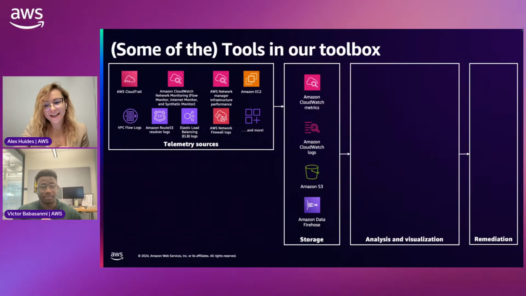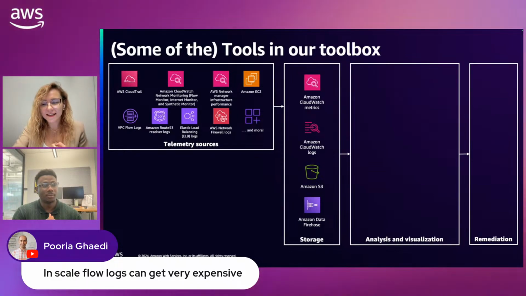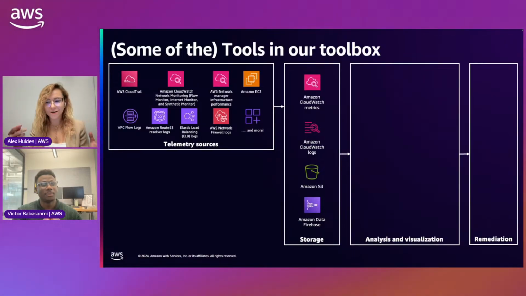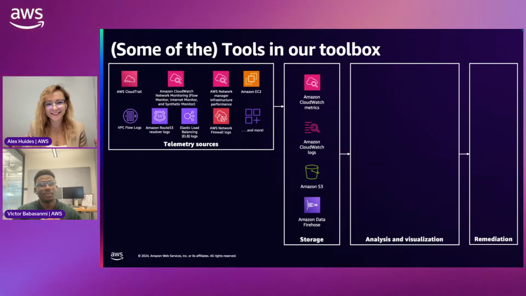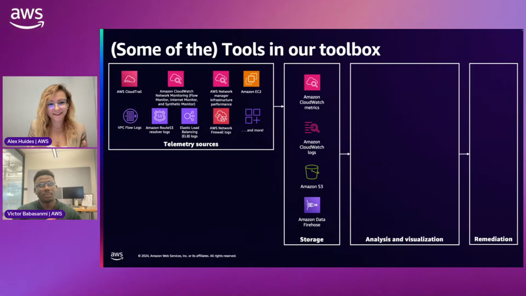Yeah. In addition to that, to the point made earlier that at scale Flow Logs can get very expensive, I think there's an interesting point to be made. Exactly as with metrics, observability platforms are probably some of the most expensive things that you can invest in if you choose to export everything and capture everything, right?